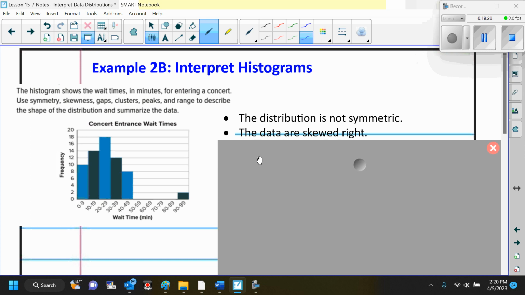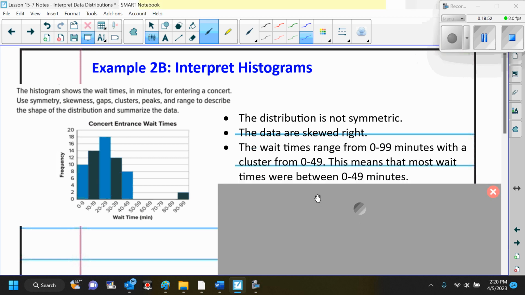Okay? The wait times range from 0 to 99 minutes, and there's a cluster from 0 to 49. See, 0 to 49. The data is clustered right over there. That means that most of the wait times are between 0 to 49 minutes.